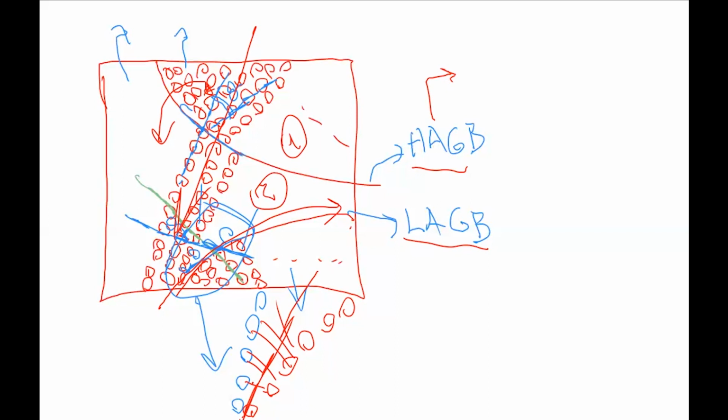And the thing is, we know the average size of each grain, and the grain structure is usually specified by giving the average diameter. And the grain size can be measured by two methods. One is the linear intercept technique.